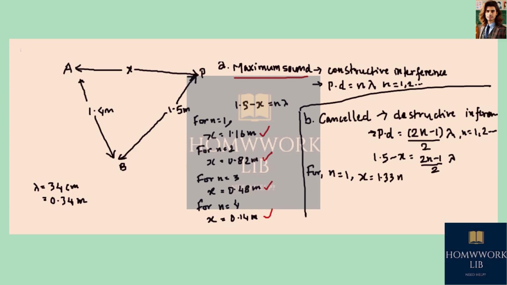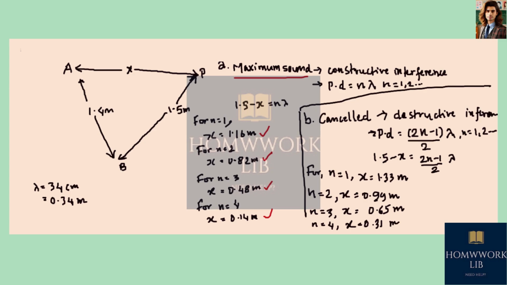1.33 meters. So this is where we cannot hear sound, the sound cancellation occurs. For n equal to 2, x will be equal to 0.99 meters. For n equal to 3, x equals 0.65 meters, and for n equals 4, x equals 0.31 meters.